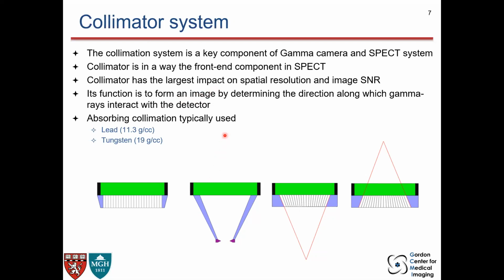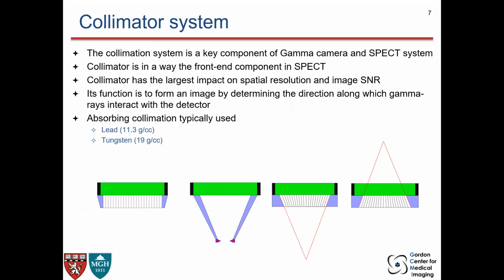So you have to have a way of determining the direction along which the gamma ray is coming from and interacts with the detector. And that's why you have to have a collimator system.